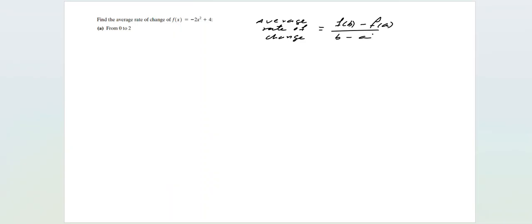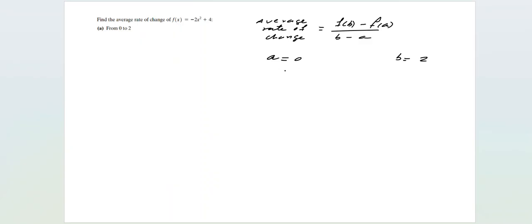So basically the average rate of change would be the slope of the line secant to the function f of x at points x equals 0 and x equals 2. So now when we find this average rate of change from 0 to 2, we will say a equals 0, b equals 2.